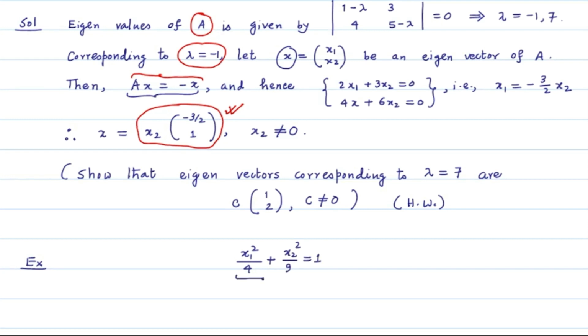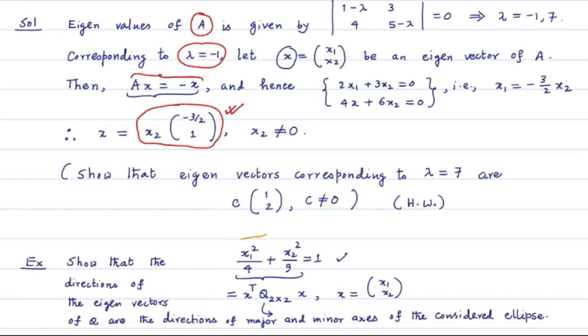Then corresponding to this left hand side expression, find a matrix of order 2 by 2 so that this left hand side expression is equal to x transpose Qx, where x is the vector (x1, x2), and then find the directions of the eigenvectors of this matrix capital Q and check that those directions of eigenvectors are nothing but the directions of major axis and minor axis of this ellipse. I stop this lecture here.